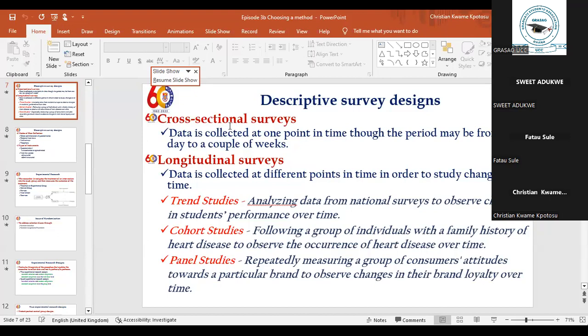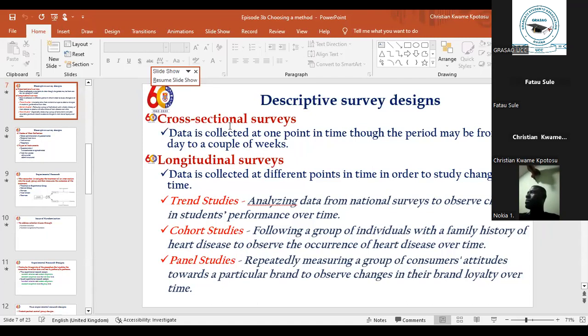They might be similar, but not all the same, because with cohort studies, for the same sample, there are individual groups under the same sample. Take the sample of those that have issues about heart diseases. When you go to this community, how are they playing out? When you go to this other community, what are their behaviors, especially responding to treatment? Their characteristics are the same, but they have different cohorts at different times.